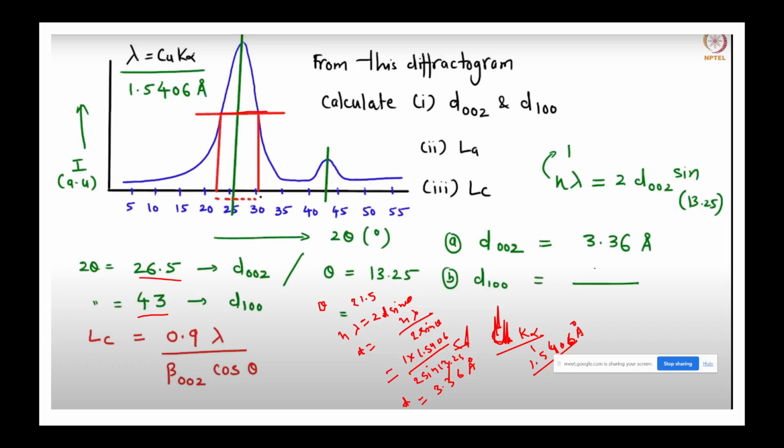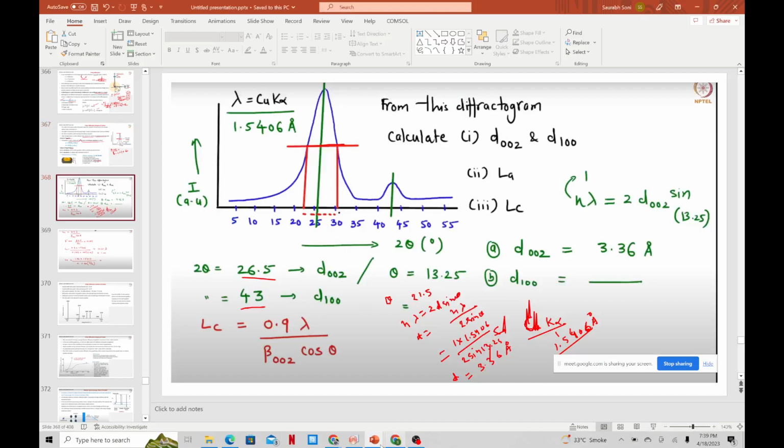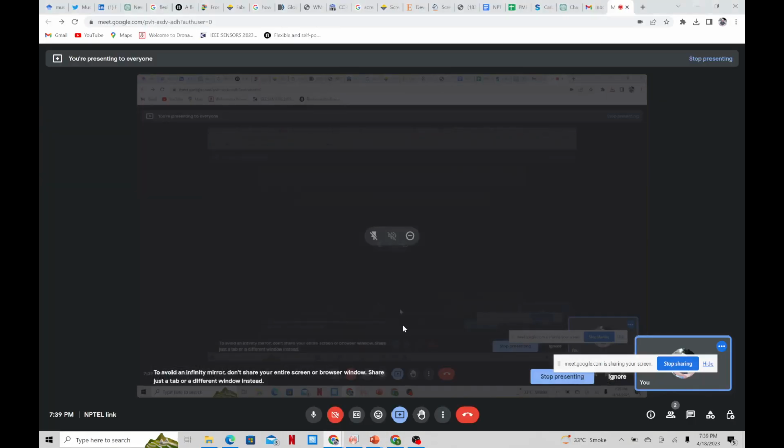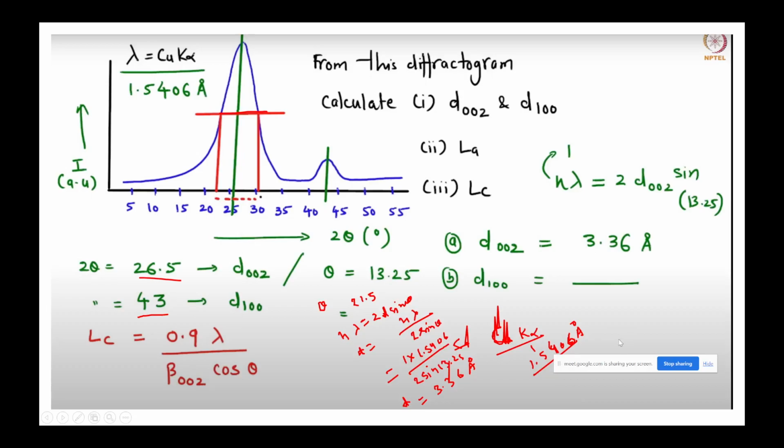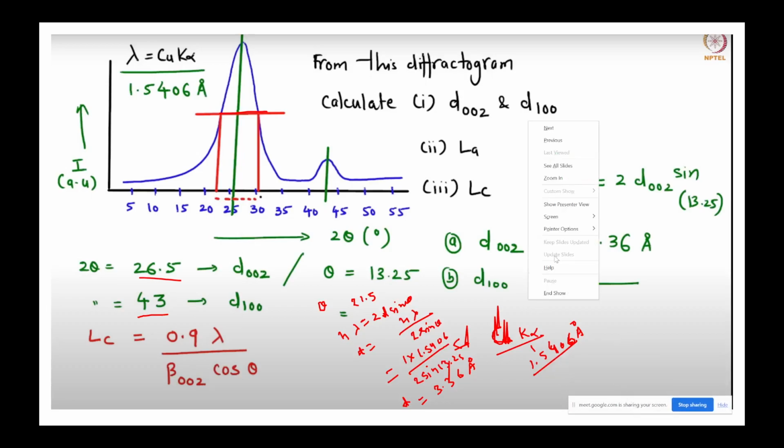So again, n lambda, here 1 into 1.5406, divided by 2 sine 21.5.